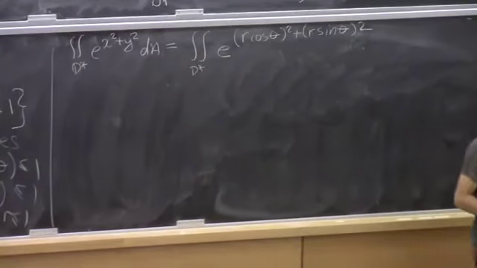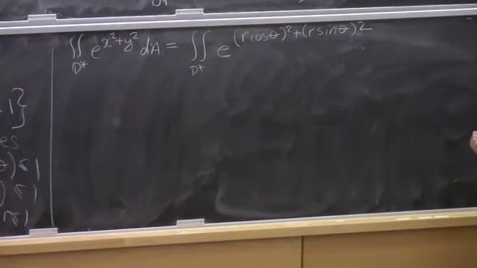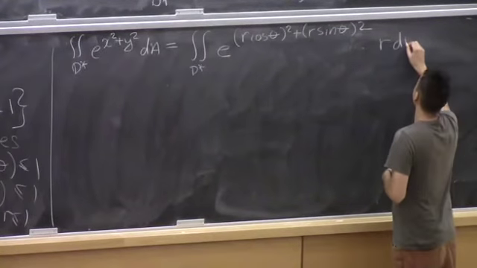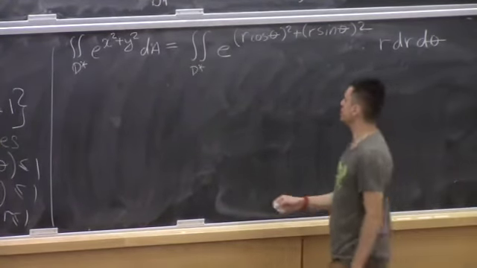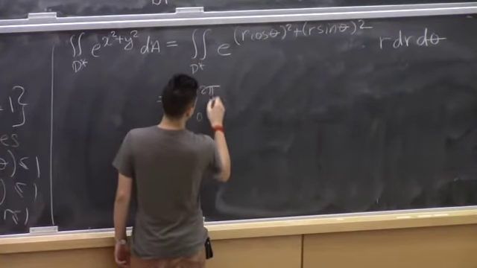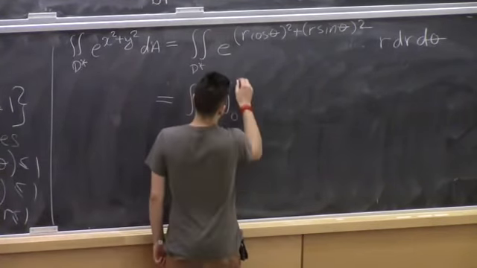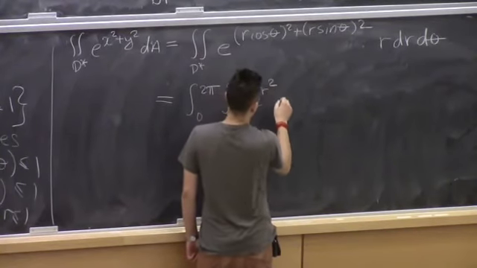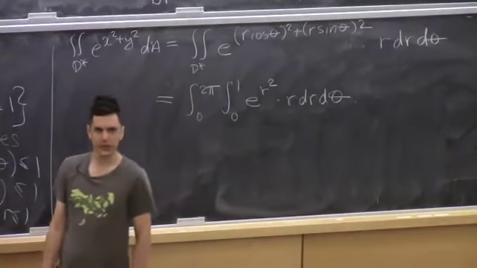And then we have already computed the Jacobian up here, and it gives r d theta. Okay, so the integral that we want to compute is 0 to 2 pi, 0 to 1, following guy.